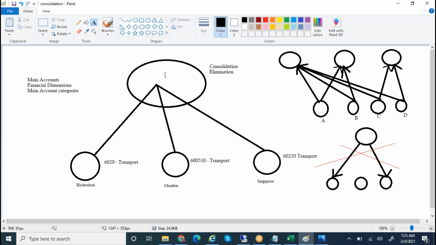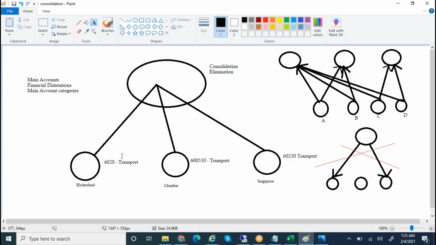If all legal entities are using the same set of chart of accounts for the main account, no issues. Here also same, here also same, here also same, then it's fine, it's not an issue. If it is same, no need to worry. You need not map anything or do further setups. Simply you can do a consolidation process and get the balances.